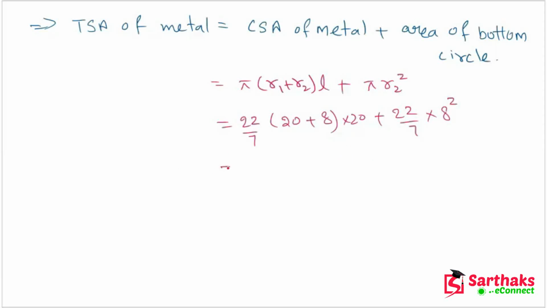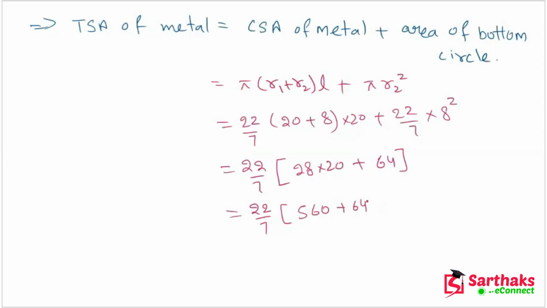Now 22 upon 7 we are taking as common, so we get 28 into 20 plus 64. If we multiply this, we get 560 plus 64, so this becomes 22 upon 7 into 624.